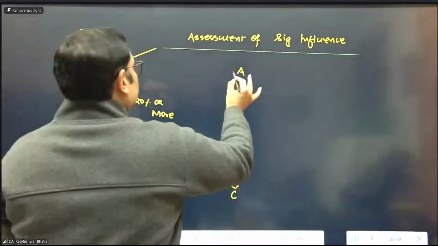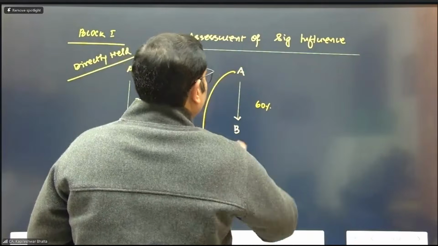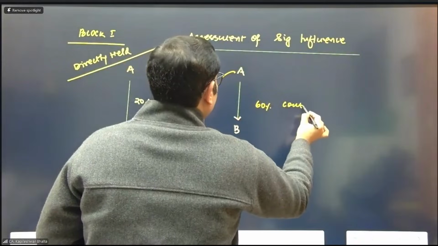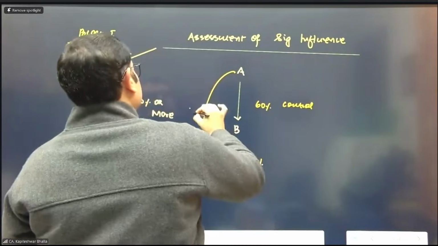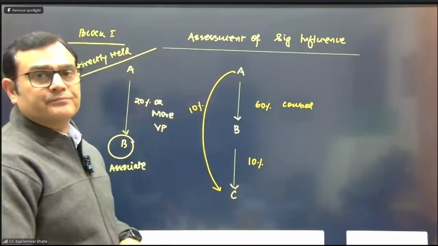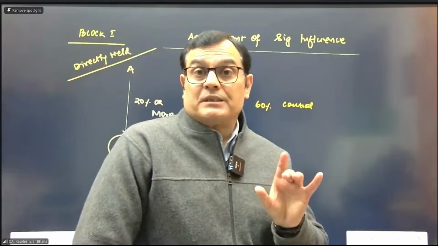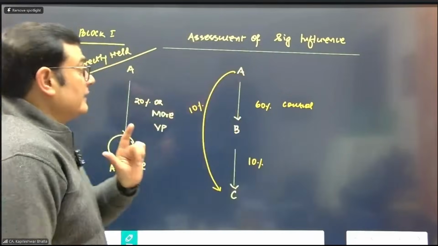Now let's consider that A has got, let's say, a 60% stake in B, which means he's got control. And B has got a 10% stake in C, and A has got a 10% stake in C. Now, as investor A, he's got directly and indirectly.